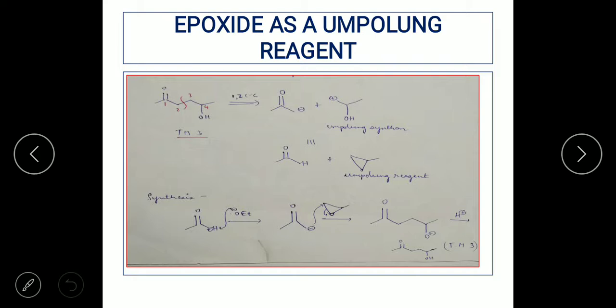Once you start numbering, you can number the way I have written, with the ketone carbon as 1, 2, 3, 4 and the carbon bearing the hydroxyl as 4, or you can go the reverse way, wherein the hydroxyl carbon gets 1, and so on.